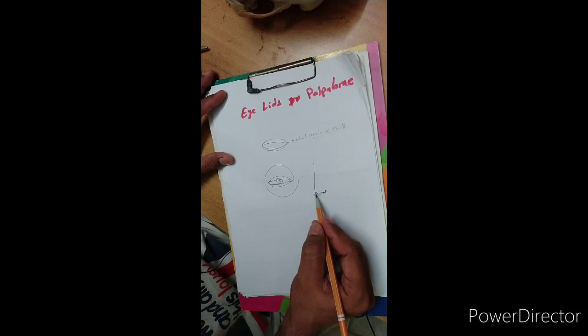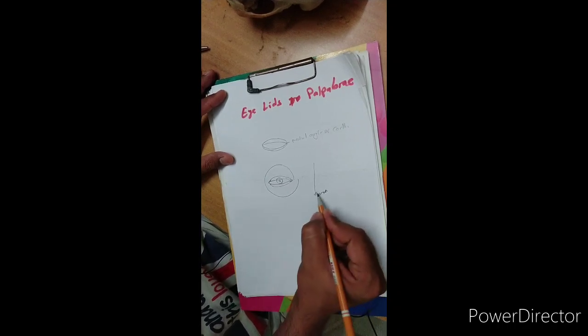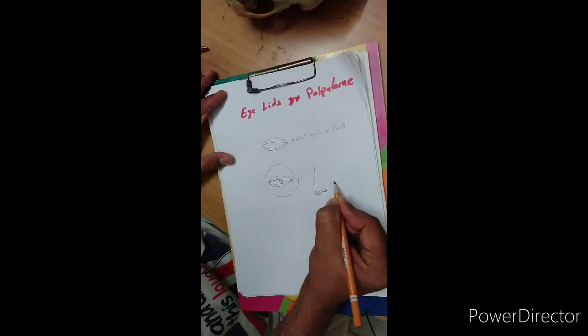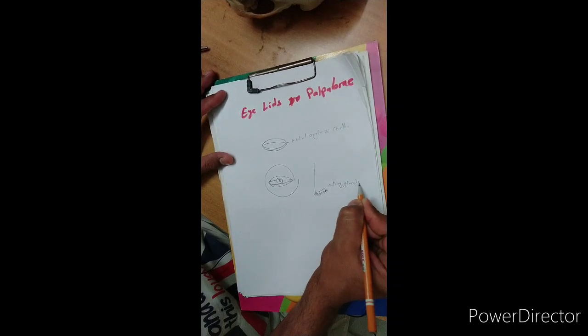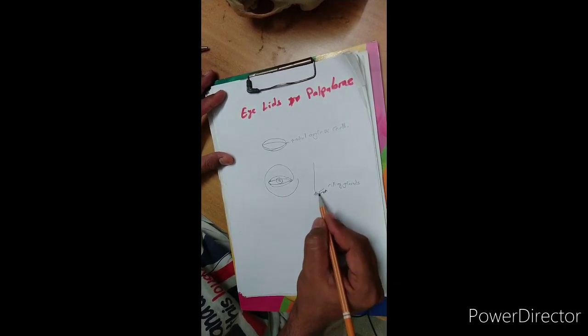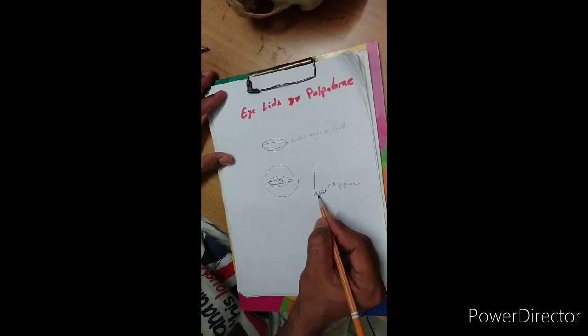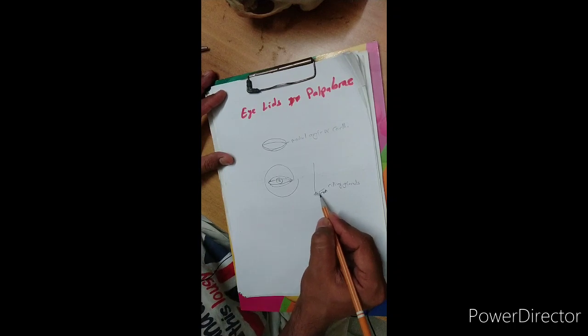These are known as the ciliary glands. If infection occurs in the ciliary glands, at the root of the hair follicle, it is very painful. So this is the ciliary gland.